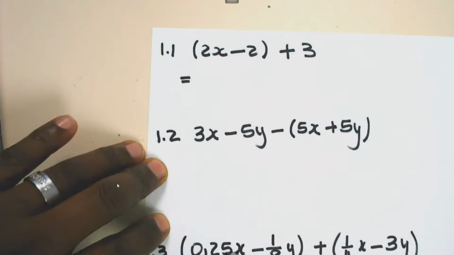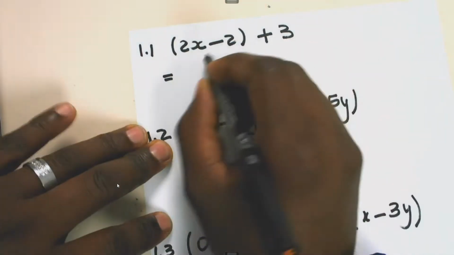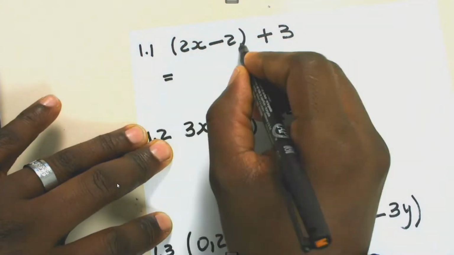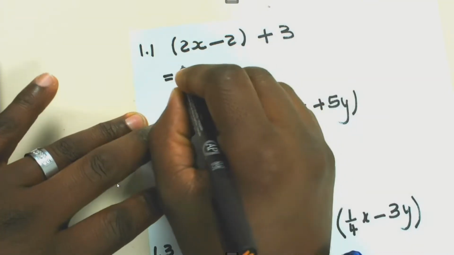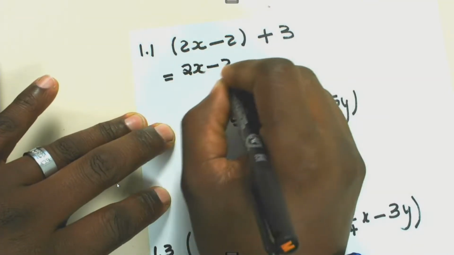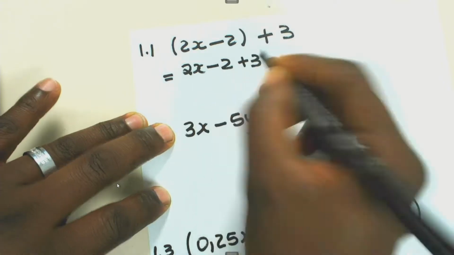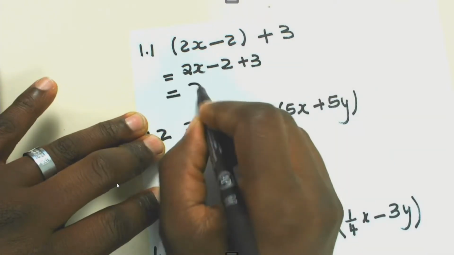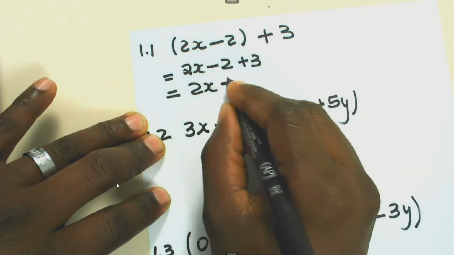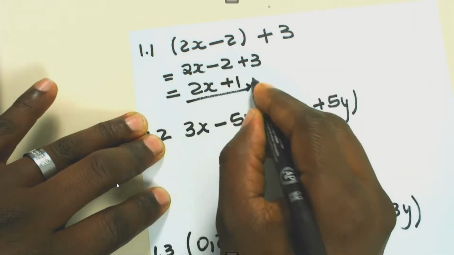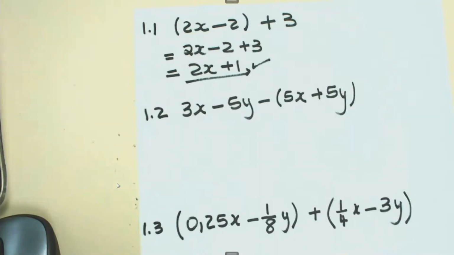If we simplify this, when you remove these brackets, because there is nothing multiplied there, we're having 2x minus 2, and you are adding it to a 3. This will give you 2x minus 2 plus 3, which is 2x plus 1. I hope you managed to get it correct.